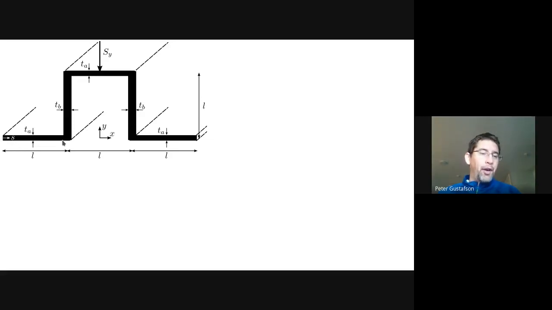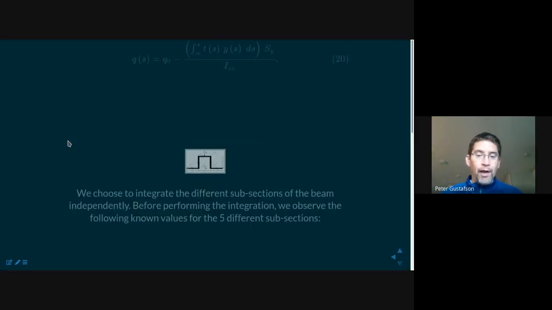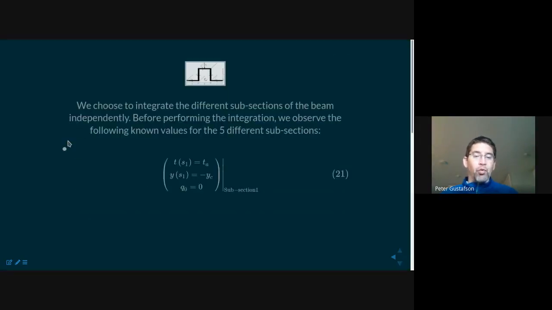From here to here, the thickness is a constant. By the way, the value of y from here to here is also a constant within the sub-integral that goes from here to here. Hence, what I'm doing on this slide is writing the values of the things that are present inside the integral.